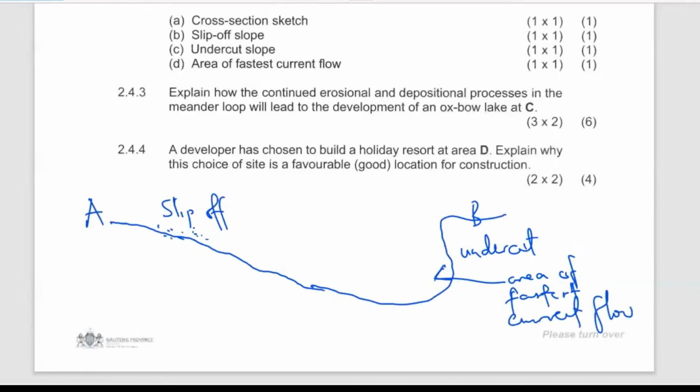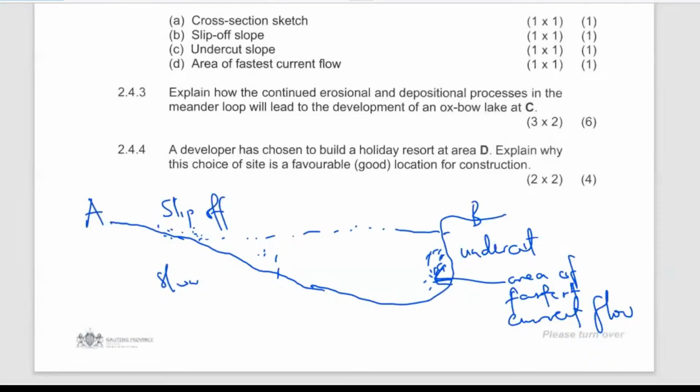The flow is faster around this area, while it is slower on this area. If we were to indicate the level of the discharge in the river, water flowing around this area will be faster and will be eroding this side, and water flowing around this area will be very slow.